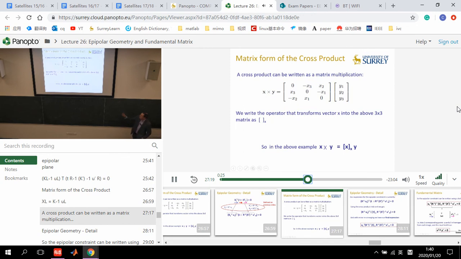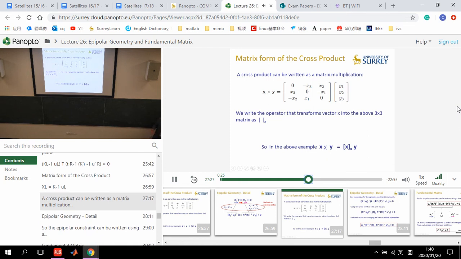As an aside, if I have two vectors, x and y, any two vectors x and y that are 3D, then I can calculate their cross product by performing the following matrix multiplication. I can arrange my elements of x as I have in the 3x3 matrix there, and then I just multiply that by y, which is just a column vector there. And that matrix is then a matrix form for the cross product.